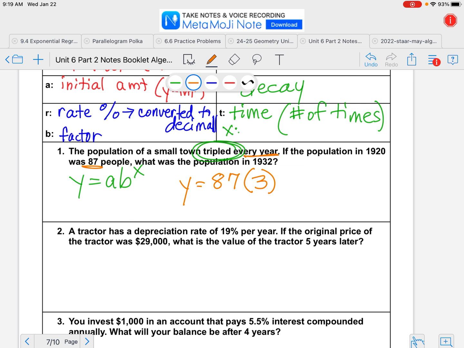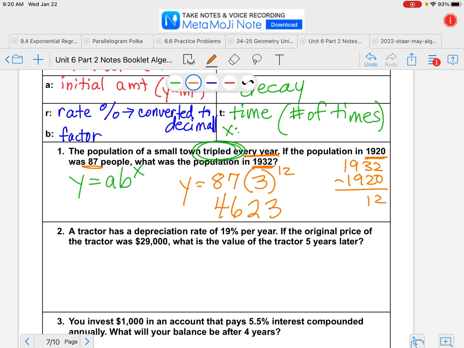It tripled every year for how many years? From 1920 to 1932. That is 12 years. So we put it to the 12th power. Then you're just going to type that in, just exactly like that, into either your calculator or Desmos, and you're going to get this huge number.